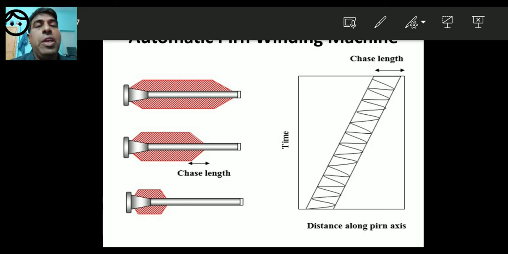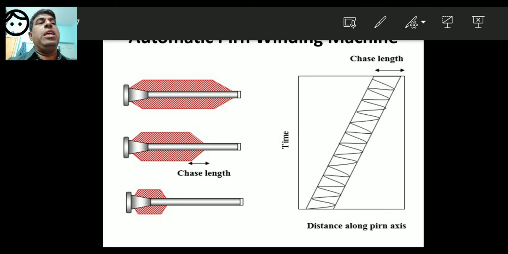As I already told you, since the pern is not completely built, the traverse does not take place from one end of the pern along the length of the pern. It will happen in parts. Here you can observe this is the chase length.